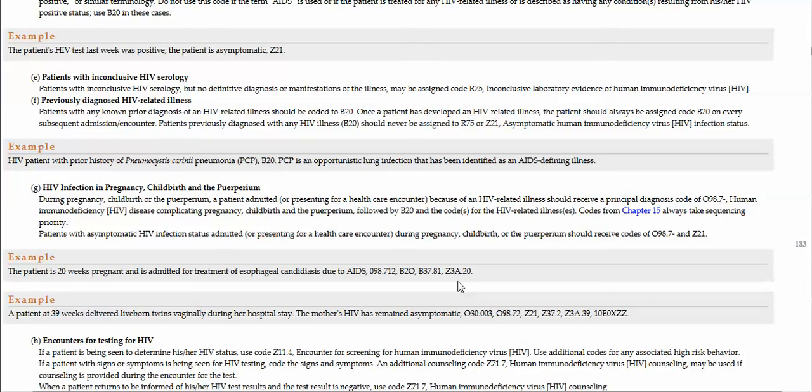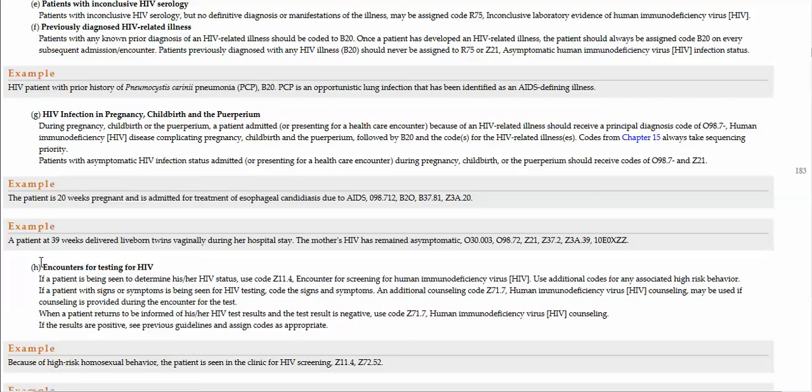All right? Now, what if we have one where the patient is asymptomatic? A patient at 39 weeks delivered live-born twins vaginally during her hospital stay. The mother's HIV has remained asymptomatic. So we're going to code O30.003, and that is going to be the delivery.